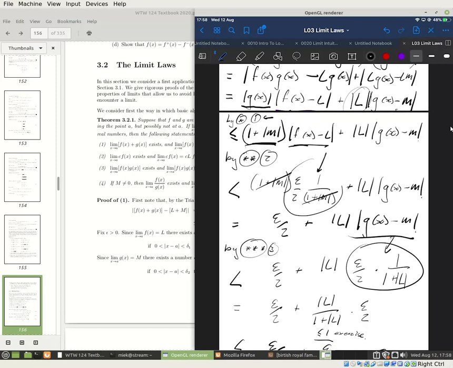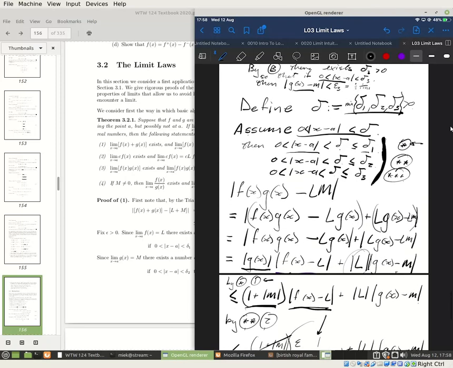Then this thing is less than epsilon over 2 times 1 over 1 plus absolute value of L, by double star and 2.